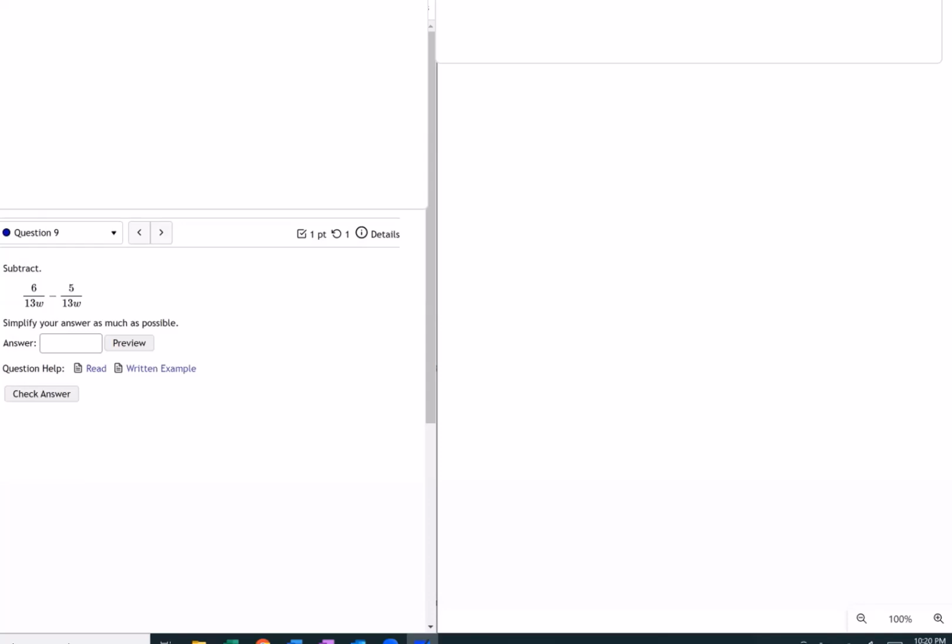Well, notice here, I already have a common denominator. So if I have a common denominator, this is equal to 6 minus 5 divided by 13w, which is equal to 1 over 13w.